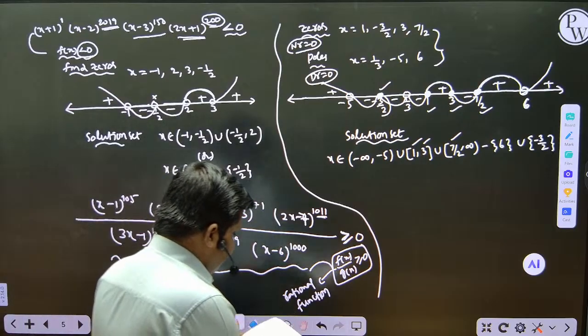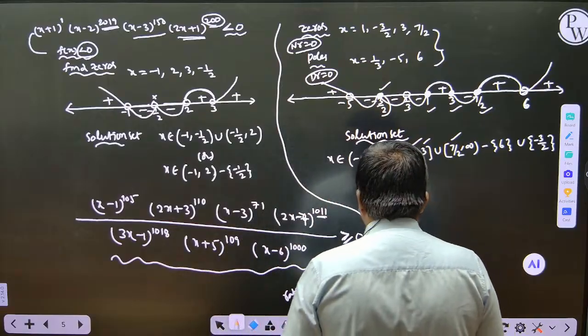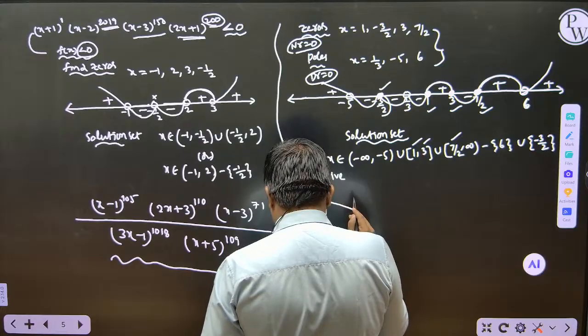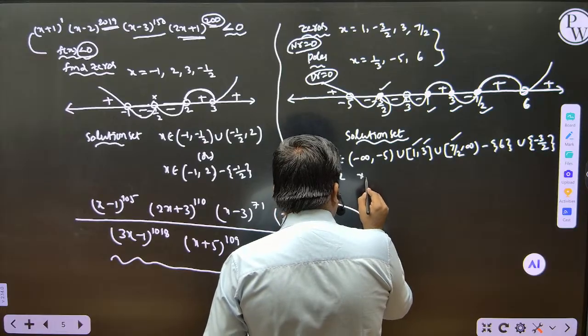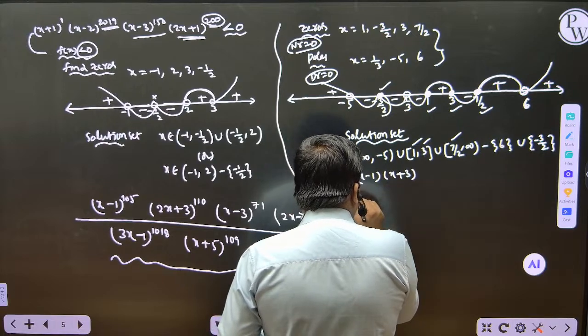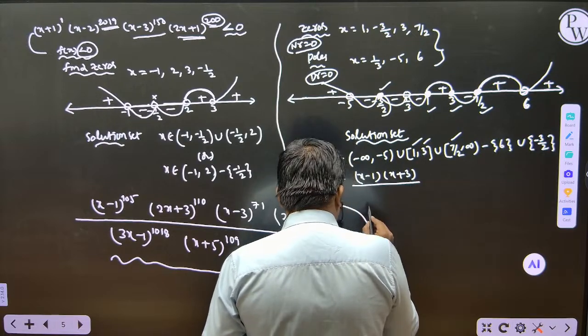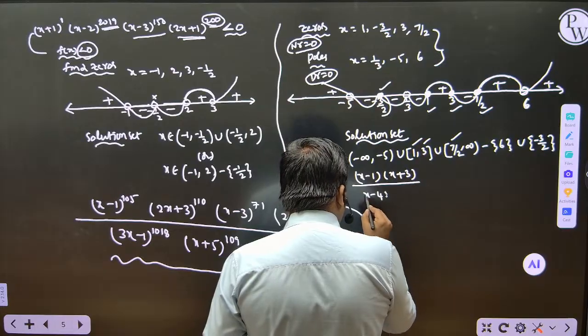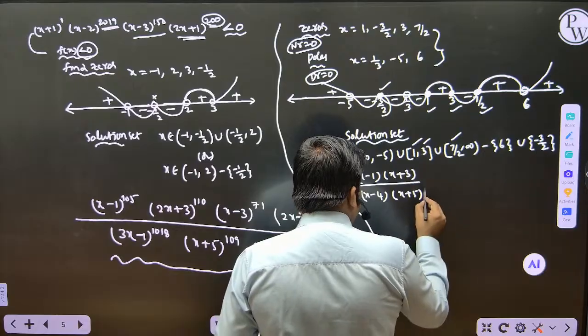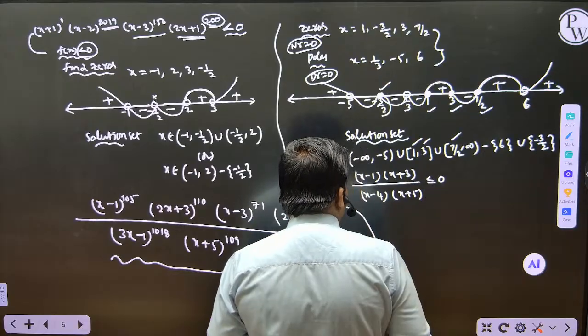Next, you see one more question. Solve (x minus 1)(x plus 3) divided by (x minus 4)(x plus 5) is less than or equal to 0.